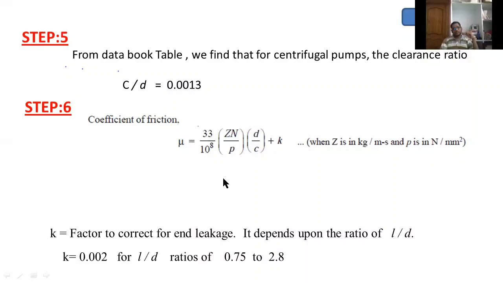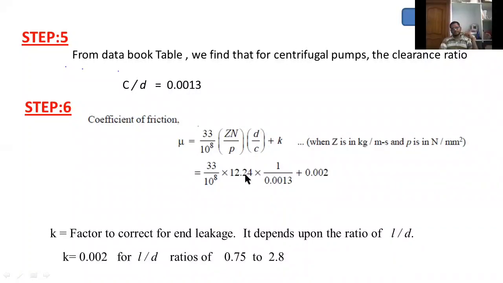So from previous steps, you have to substitute these values. 33 by 10 power 8 into Zn by P. The value of Zn by P is obtained from our substitution values, so Zn by P equal to 12.24 into D by C. From step number 5, the value of C by D equal to 0.0013, but this is D by C, the reciprocal of this value. So 1 by 0.0013 for D by C plus k equal to 0.002.